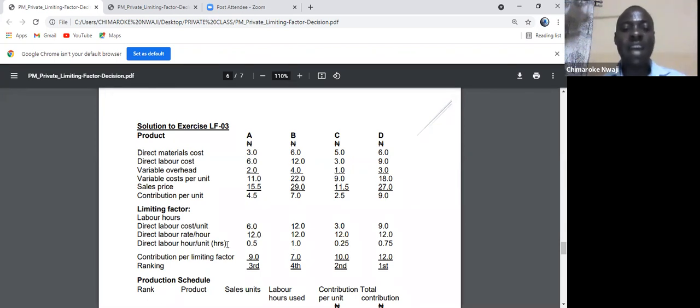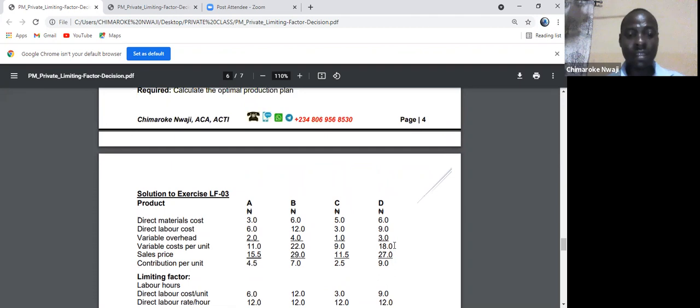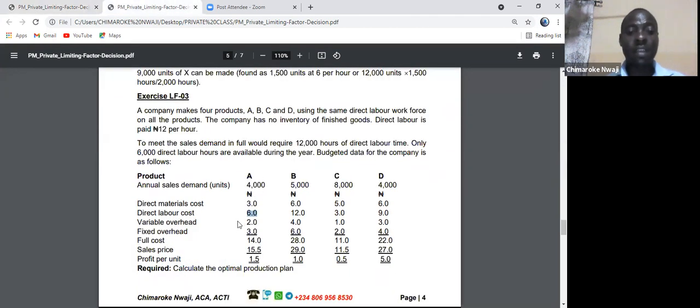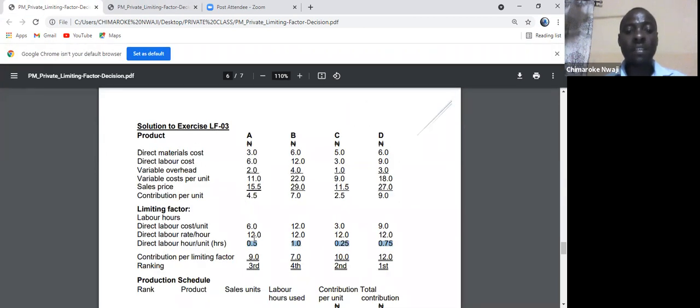Okay, so now we have our amount of scarce resource per unit. I want us to do something. Let's see. How can we do this? Okay, let's do it together. Product A, you require 30 minutes, which is 0.5, to make 1 unit.